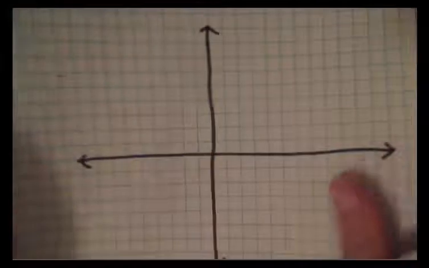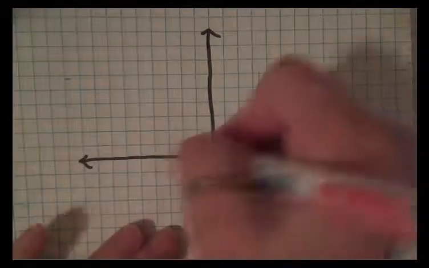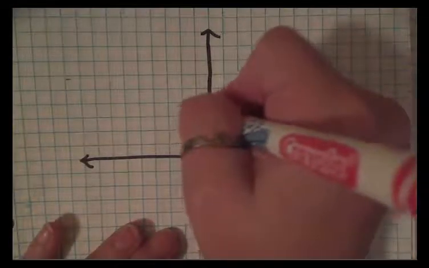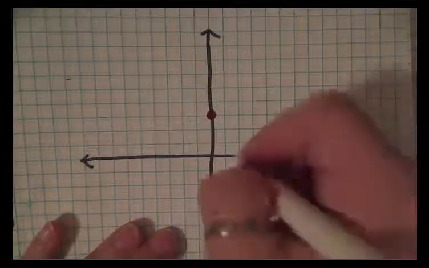I'm showing less work because hopefully after chapter 4 you know how to graph these. So I'm going to go ahead and do this one. 0, 3. 1, 2, 3. And then 3 over 2 is 1.5.